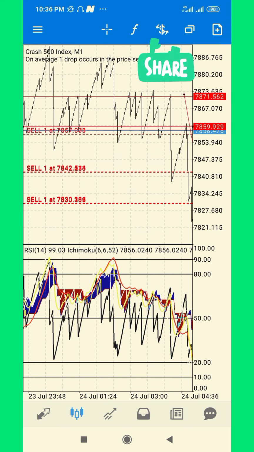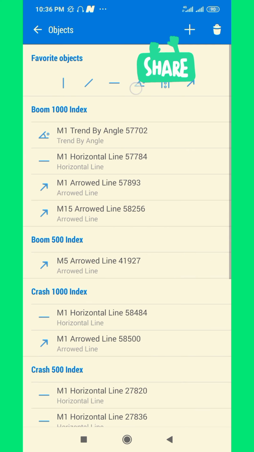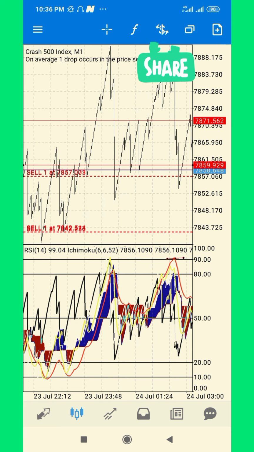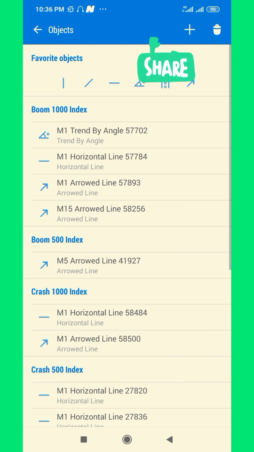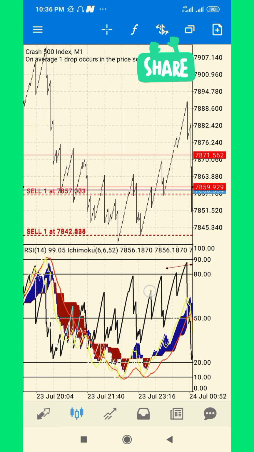Like this place, when they were up here, the market spikes down. The same thing goes for this place. When all our indicators were between this 80 and 90, the market spikes down massively.